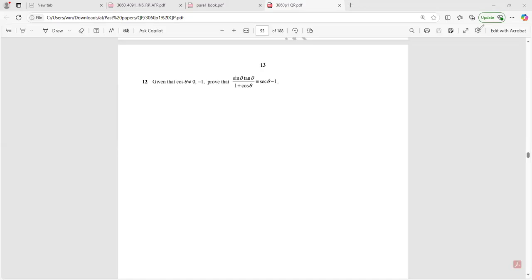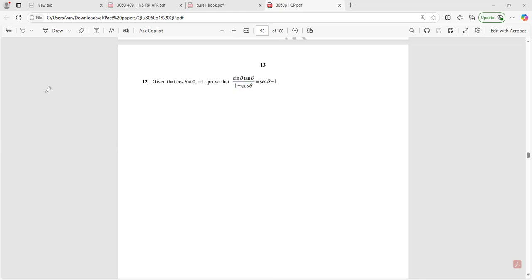Okay, question 12. Here he wants to prove that sine theta multiplied by tan theta over 1 plus cosine theta equals secant minus 1.